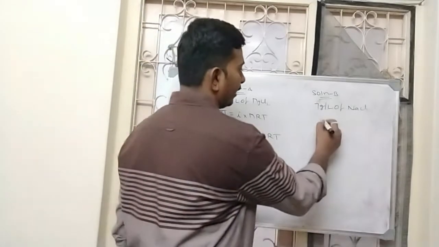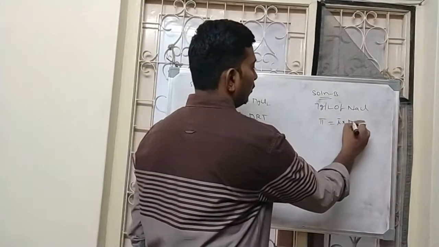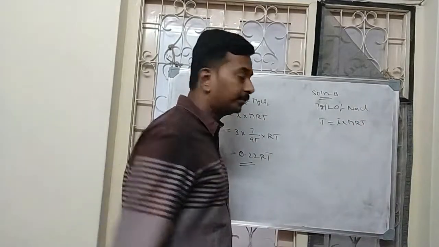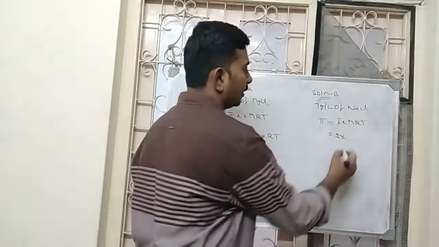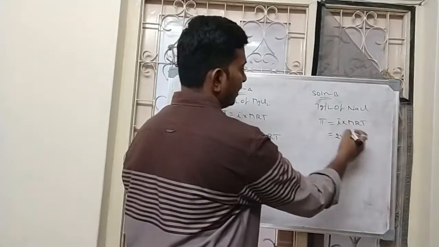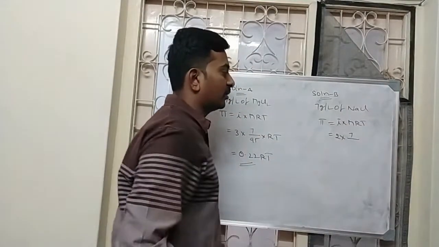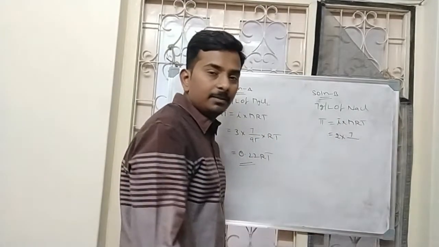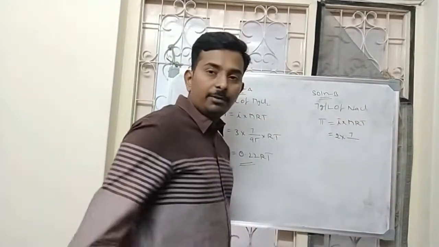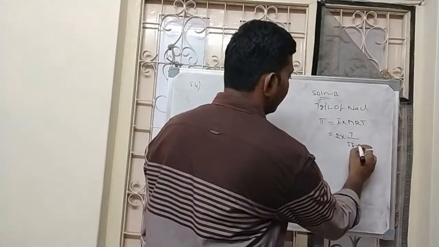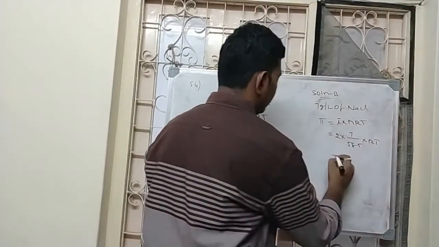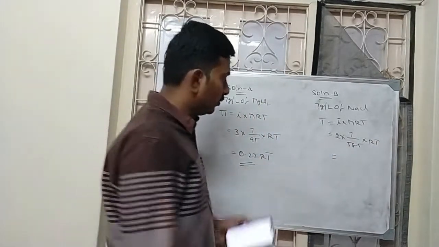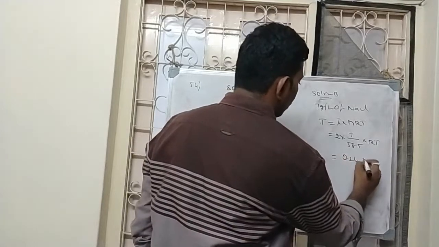Considering the Van't Hoff factor, pi is equal to i into MRT, so the i value will be 2 here. Molarity is mass 7 by the molar mass of NaCl, sodium 23 plus chlorine 35.5, that means 58.5, into RT. If you simplify, you get 0.24 RT.